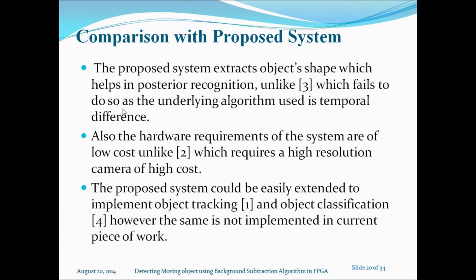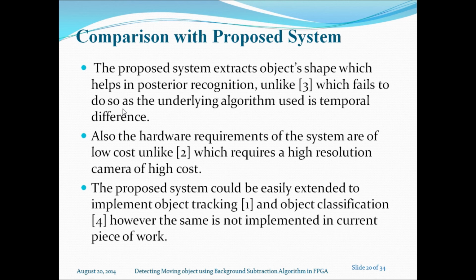Since we have covered the proposed work, let's compare it with the past research. The proposed system extracts object shape, which helps in posterior recognition, unlike paper 3, which fails to do so as the underlying algorithm is temporal difference.